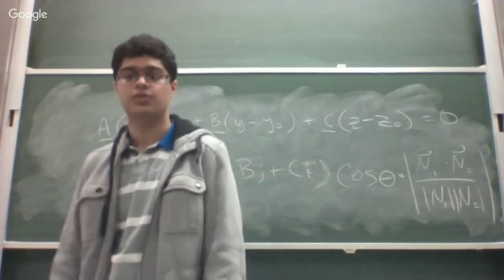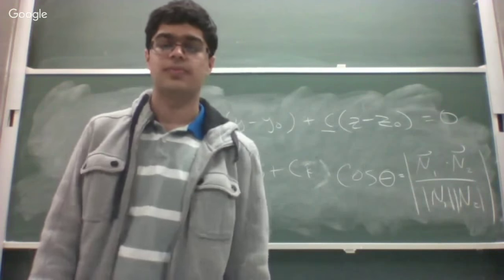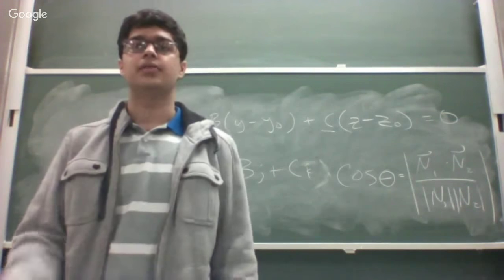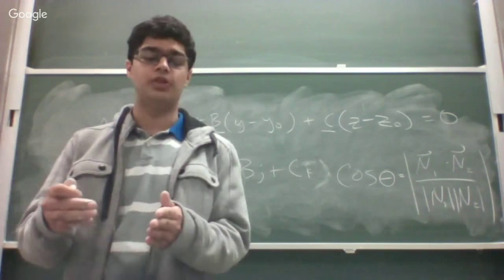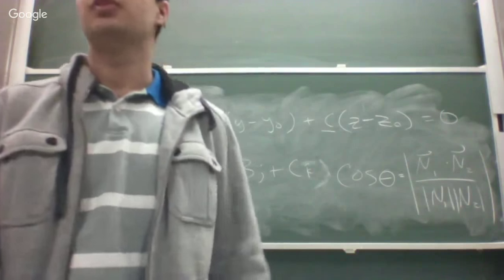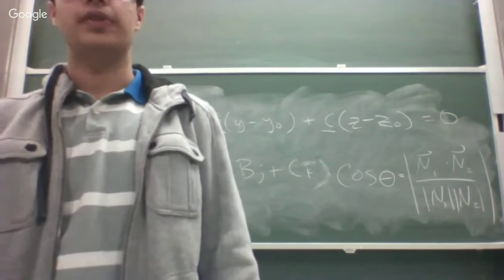So you would have two normals. Okay? Because it's the acute angle between two planes, and each plane would have its own normal. There's a problem in Dino that goes over this. You guys can look at it.